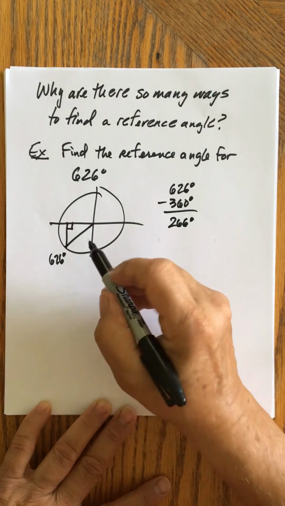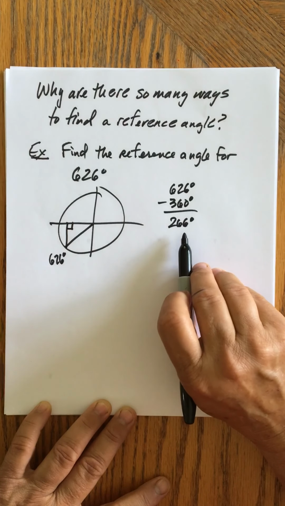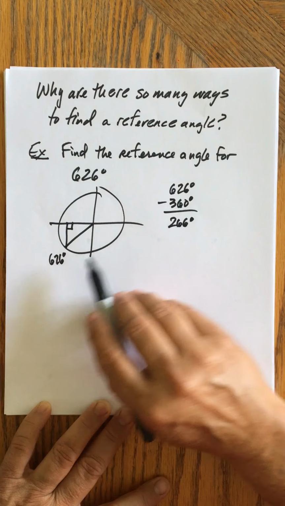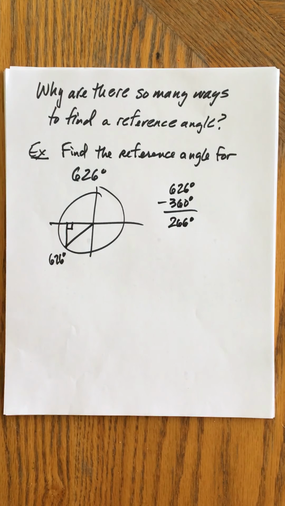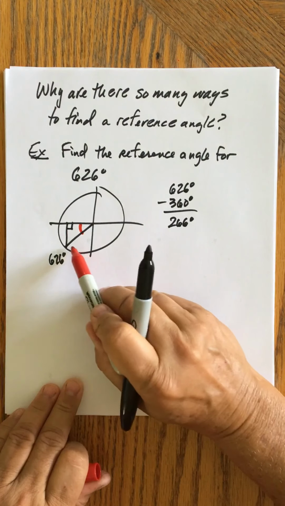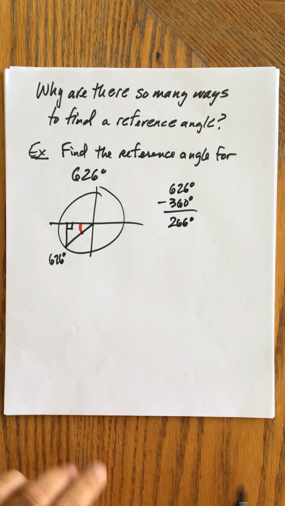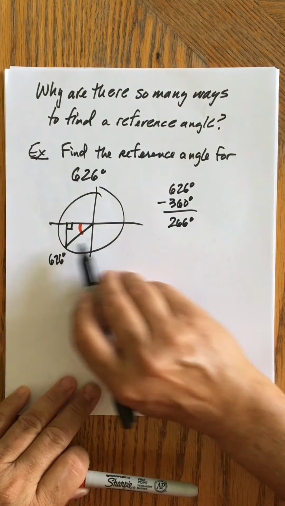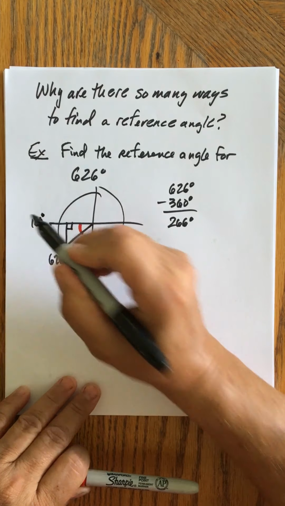Now, if I were a little more accurate, this is probably going to be a little bit closer out here, so I may have to redraw that. But you're like, okay, what I'm looking for is this rotation between the terminal side of the angle and the x-axis. So what's the nearest x-axis value? Well, it would be 180.